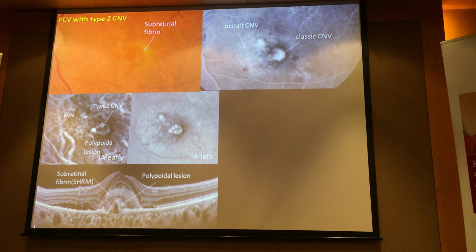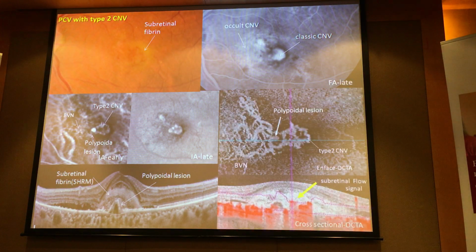OCT shows the polypoidal region, the subretinal fibrin and SHRM, and serous detachment. Now, we are using OCT angiography to differentiate this type from the hyperpermeability region.